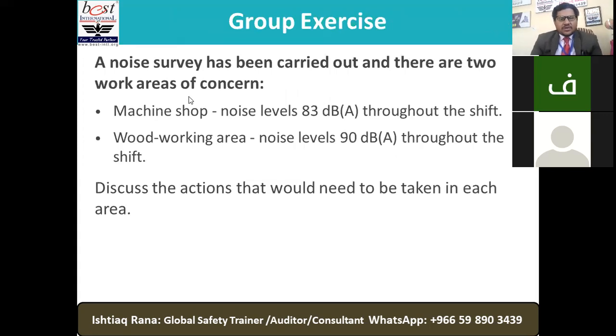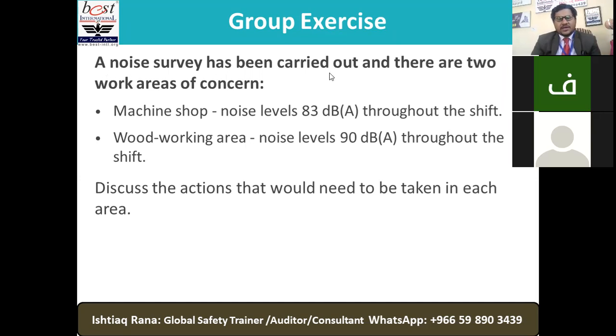That was all we discussed. You can go back and make a deep study of your noise survey reports, noise analysis, or noise risk assessment of all your activities, areas, processes, machines, and equipment. Just see where you're standing, especially your machine shop. This is kind of a group exercise also.